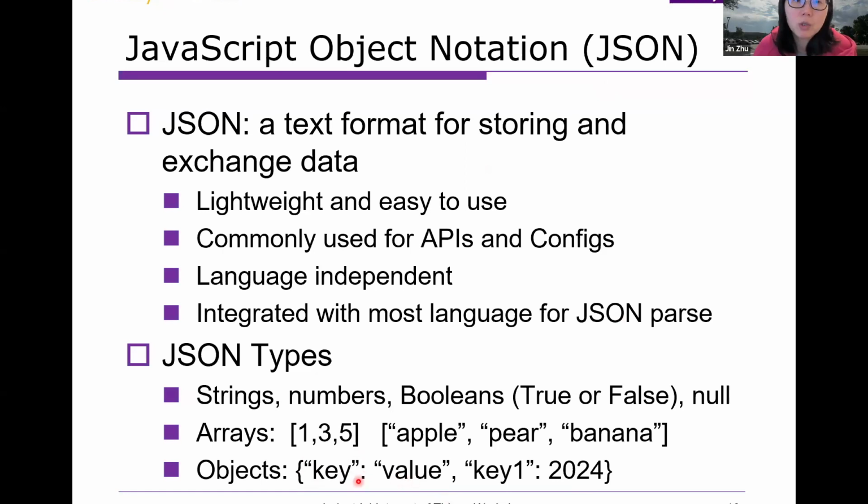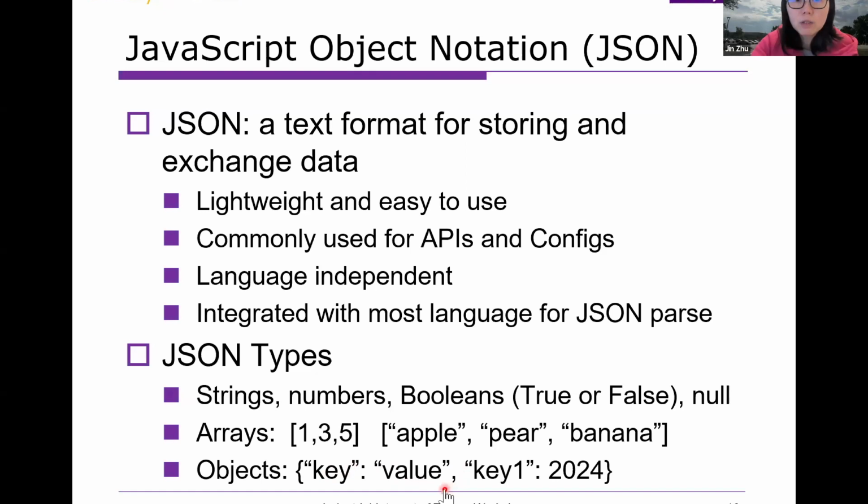The key has to be double quoted. What kind of key depends on what you want to use, and we will see an example briefly. If you have multiple items, you separate them using commas.